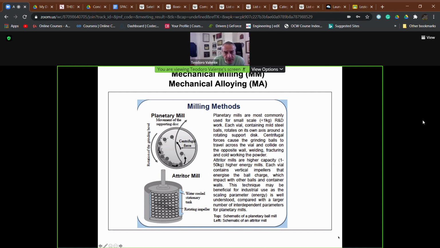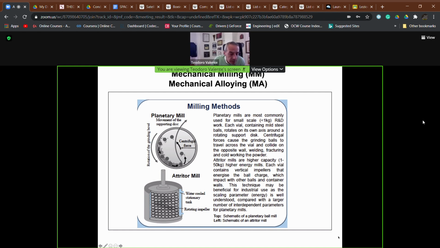What does it mean that they are fabricated first of all as powders? That we need to dissolve one material in another material, starting from powders of these two separate materials, in order to achieve two objectives.